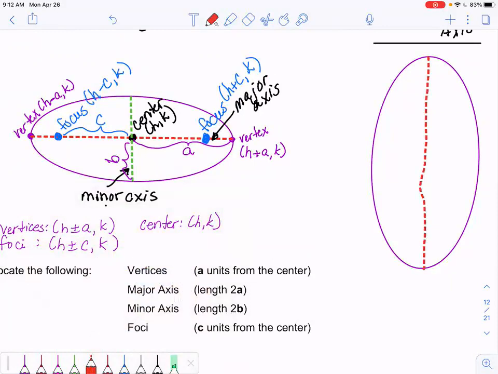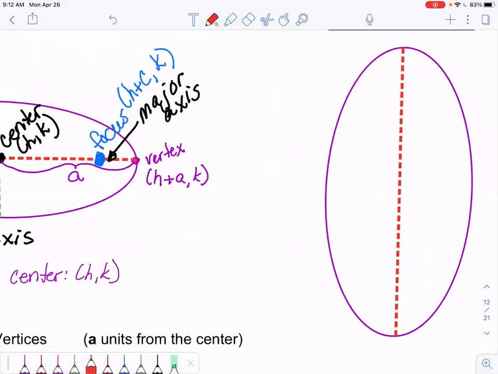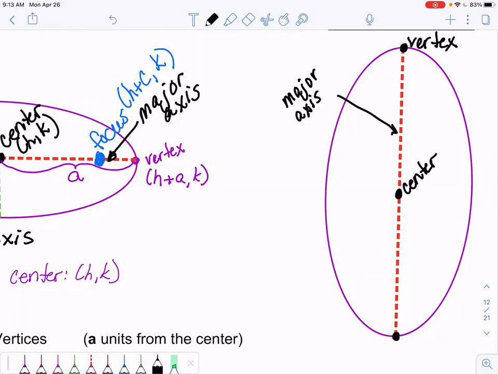So vertical major axis is that longest distance now going up and down. So that longest distance is the major axis. So in the middle, you still have the center. And then at the top, we have one vertex, and at the bottom, we have the other.